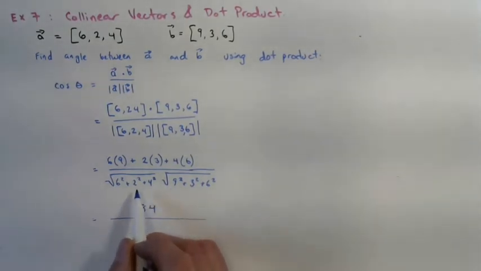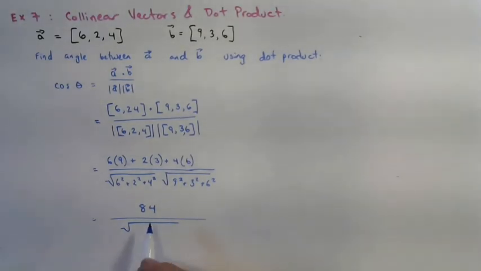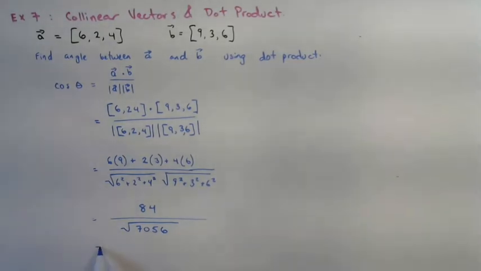And then we can multiply those square roots together by multiplying the values underneath them, the radicands, and we end up with the square root of 7,056. If you take the square root of 7,056, you find out that it is 84, which means this reduces to 1.